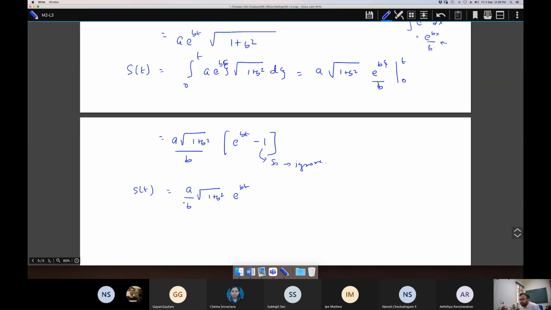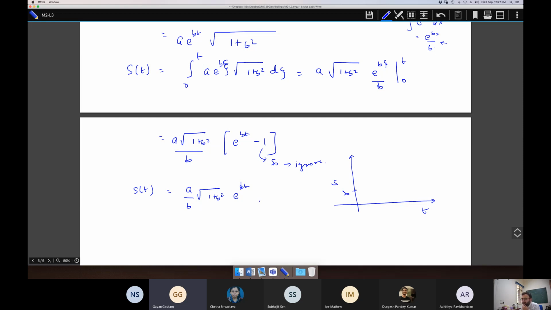Okay, so how do you think this function looks? S as a function of t. At t equal to 0, the function will be a constant, and then it will go exponentially.